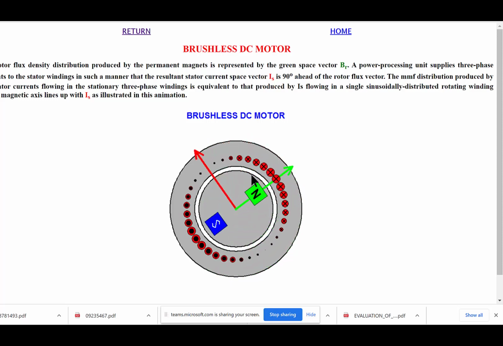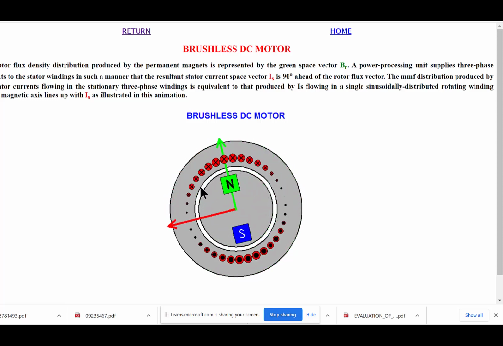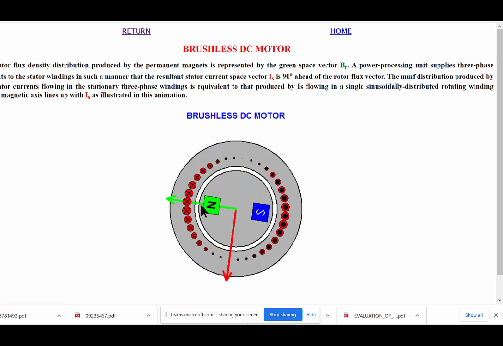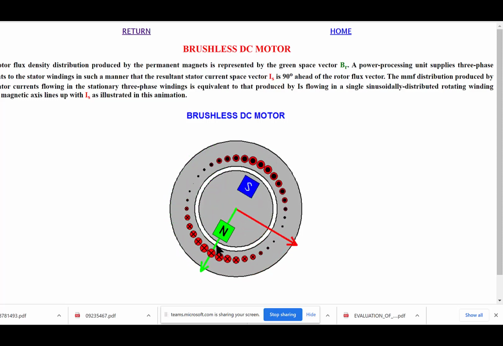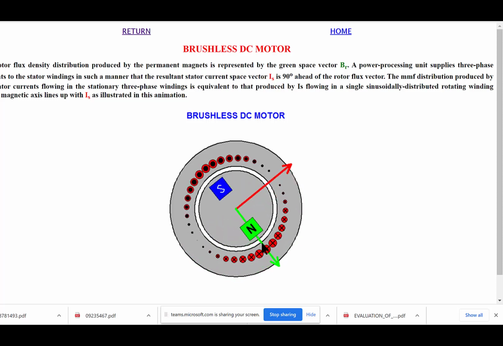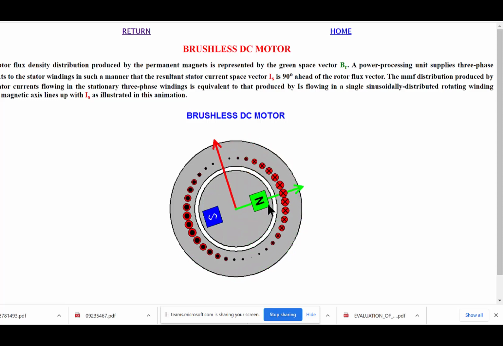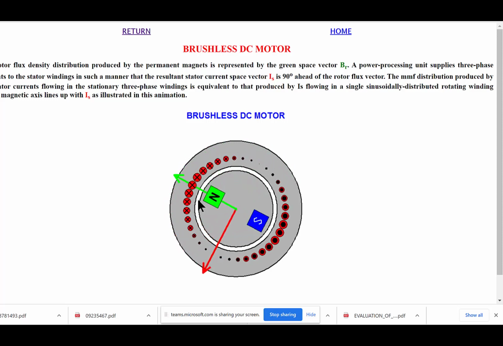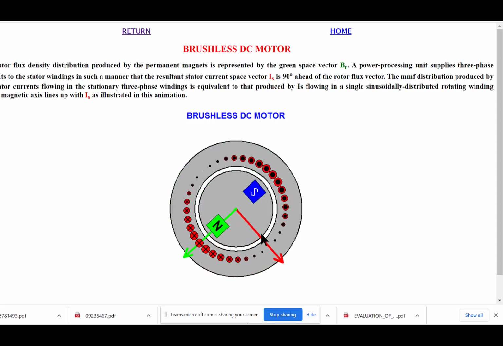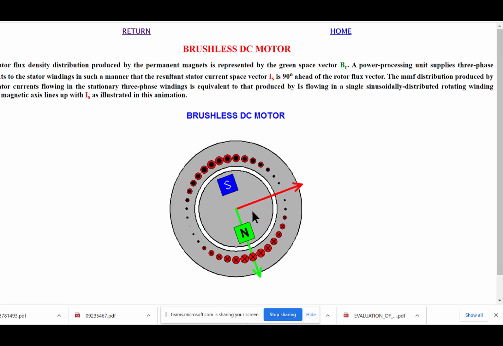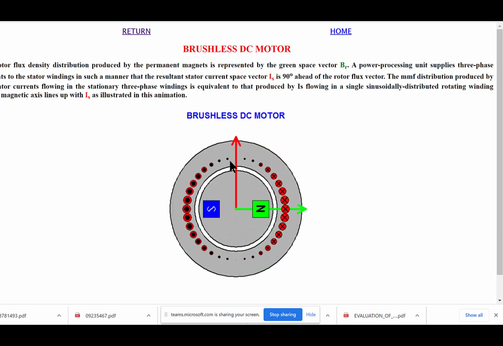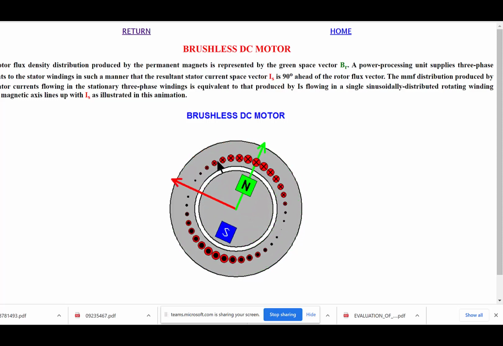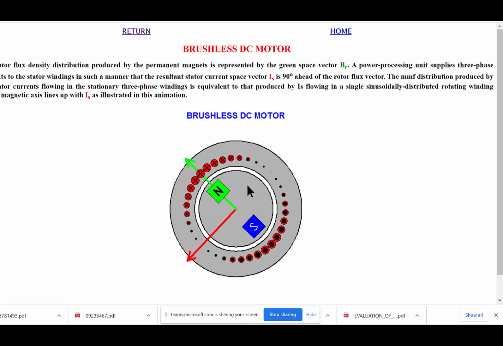It senses the direction of the flux, like this green flux right here, senses where it is in the air gap, and then essentially divides the air gap up into 6 quadrants and flips the directions of the currents in the three-phase windings to make this happen.